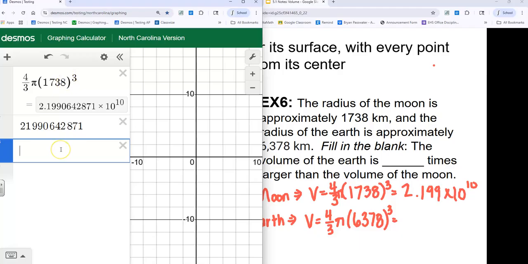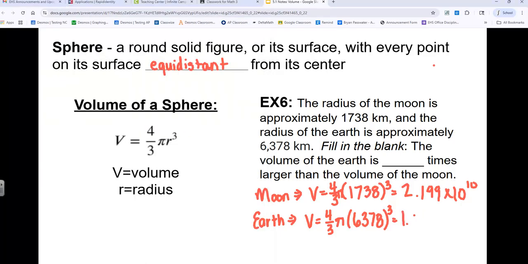Let's change that: 4/3 pi times 6,378 to the third power. This time, we're getting 1.0867 times 10 to the 12th power.